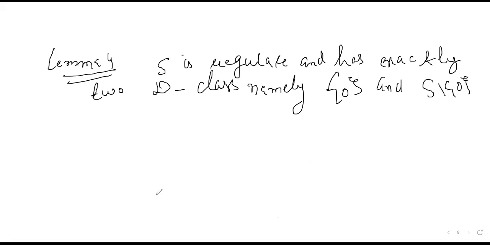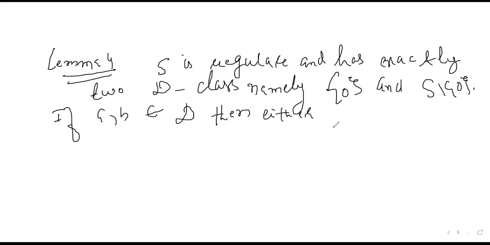Also, the other part of the lemma: if A, B belong to a D class D, then either their product AB is 0, or this product AB belongs to the H class R_A intersection L_B.